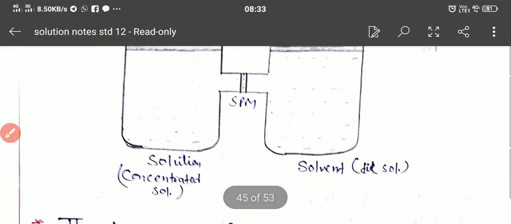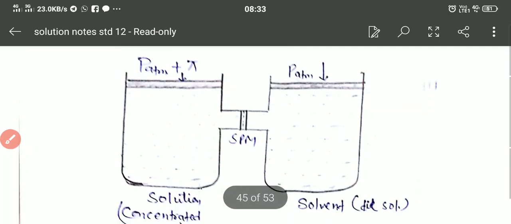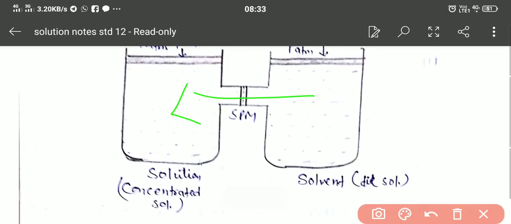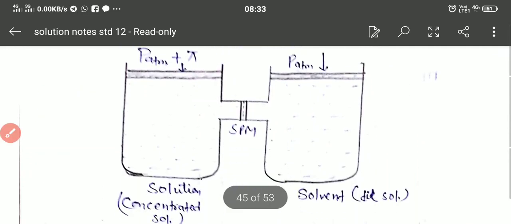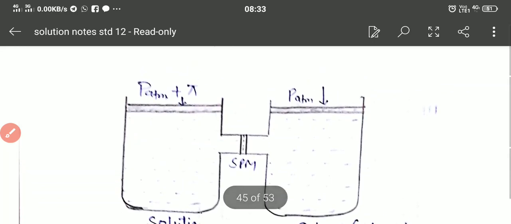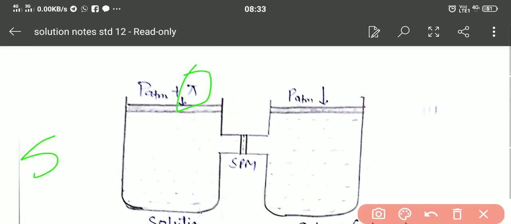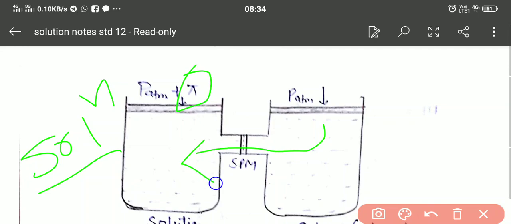So see, here there is a movement of solvent particles from lower concentration to higher concentration. Okay. To stop this movement we have to apply a certain pressure on the solution side. This pressure is applied to stop the movement of solvent from lower concentration to higher concentration.